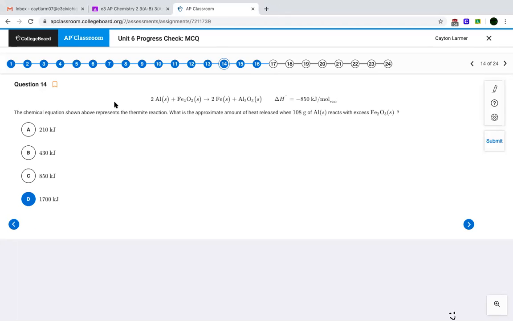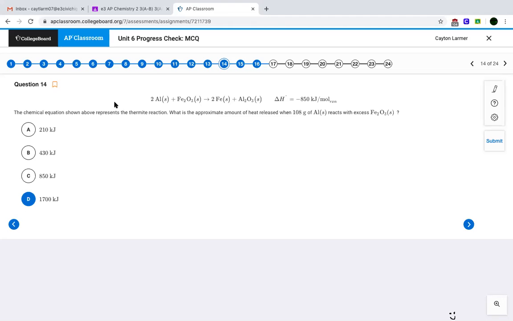Oh, this is fun. Okay, yeah, do this. Okay, this is a simple grams to mole conversion. Okay, go for it. For reference, hey Siri, set timer for 2 minutes. Also, just as a heads up, aluminum has a molar mass of like 27 grams per mole, I think.